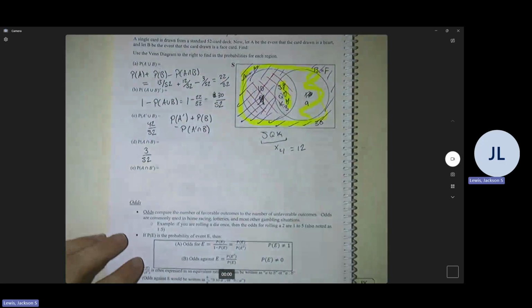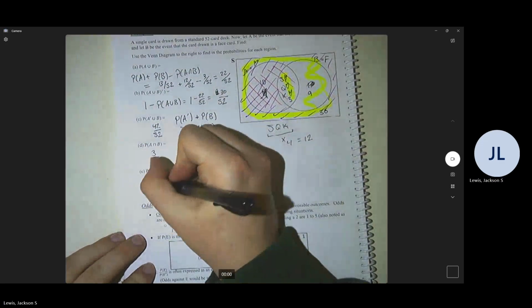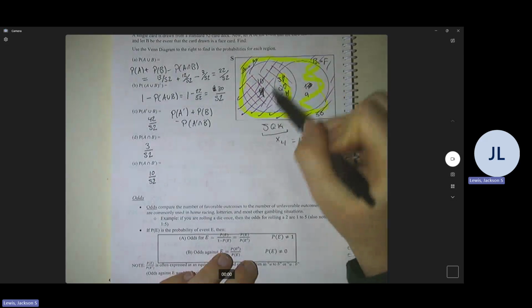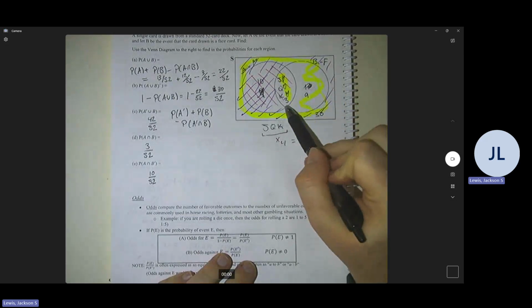It's just those 10 cards right there. This is basically saying how many elements are in A and not in B. There's what's just in A, not in the complement. And it's this chunk right here, not considering the 3 face cards. So the probability that something is a heart and not a face card, that's all of the hearts that are number cards. There's 10 of those.